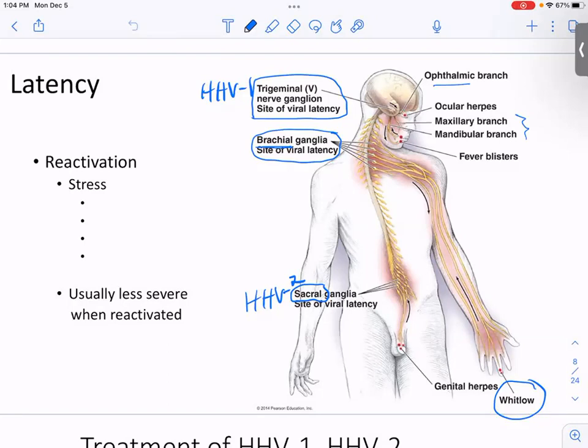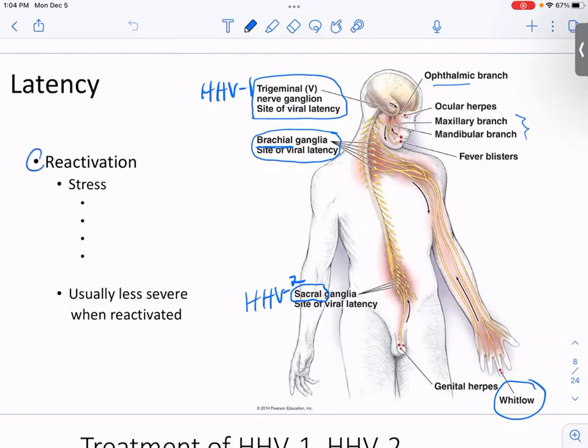And HHV1 and 2 happen to go latent in nerve cells, in one of the different branches, either the trigeminal nerve ganglion, the brachial ganglia, or the sacral ganglia. And then they will reactivate from time to time. In other words, the virion will start replicating again, and the host will have symptoms again.